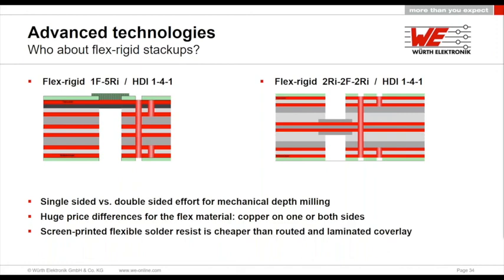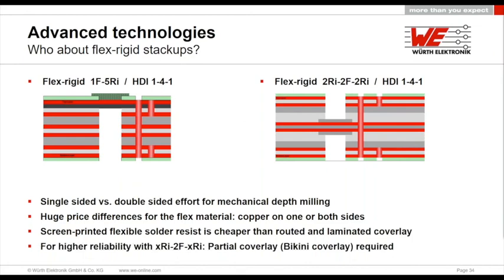Then for this 1 flexible layer, we can use a screen printed flexible solder resist, whereas on the right side, we need to route and laminate polyimide coverlays on the inner flexible layer. And to increase the reliability even more on the right side, we often need to use a partial covering coverlay.